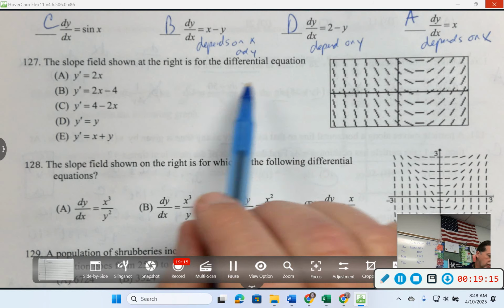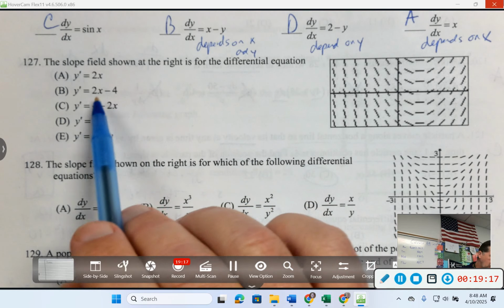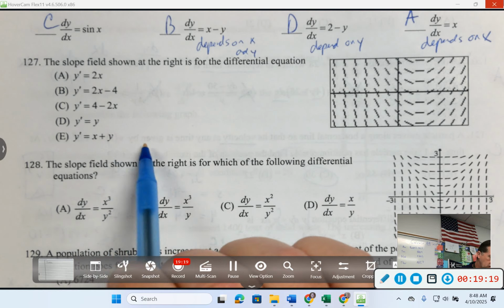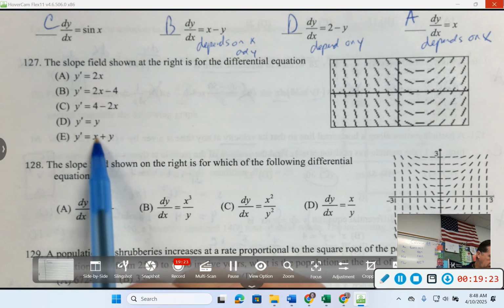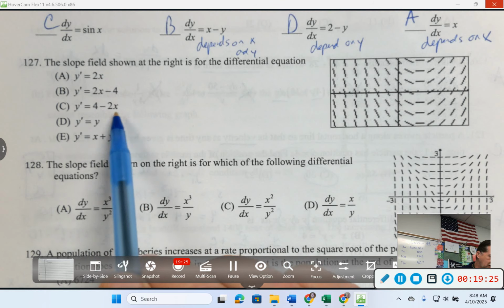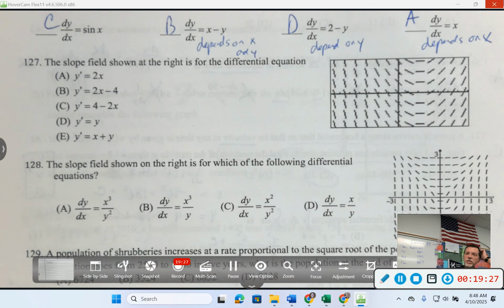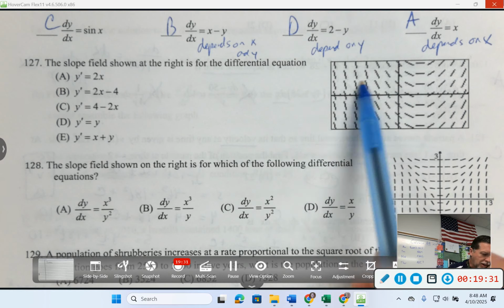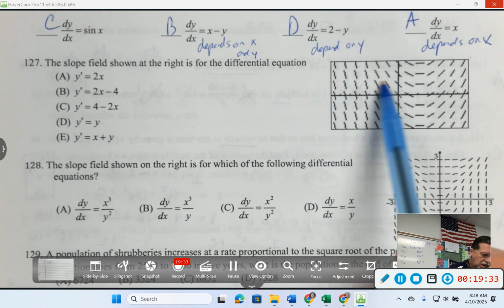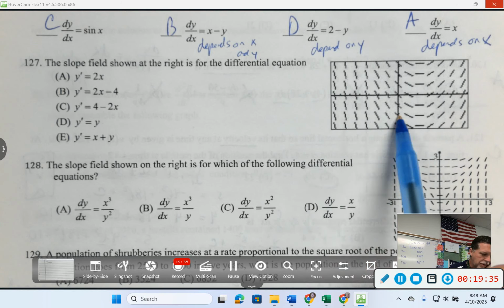Slope field shown at the right is the differential equation for, let's see, I got some of these that depend on x, some on y, some on both. What does my graph depend on? Yeah, x, definitely x, but not y.